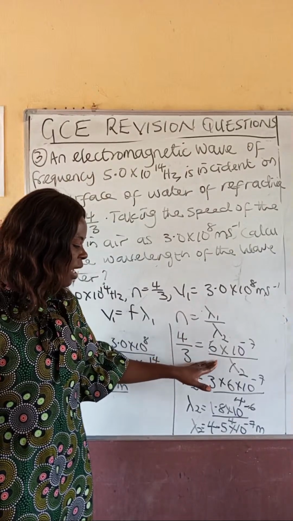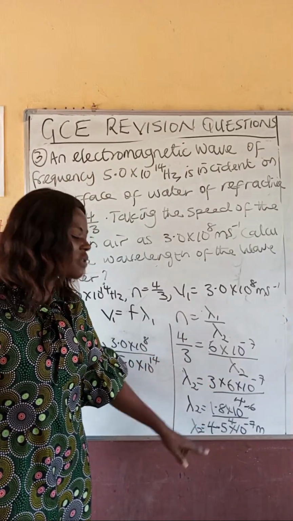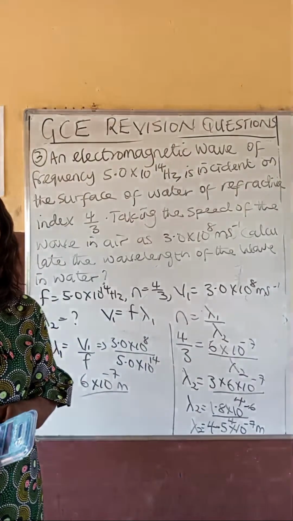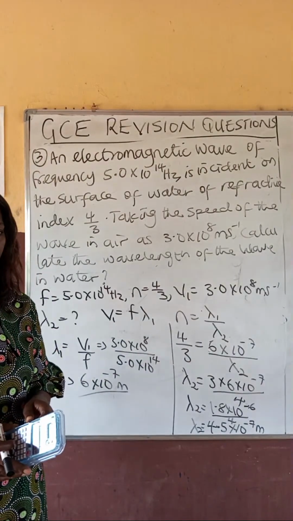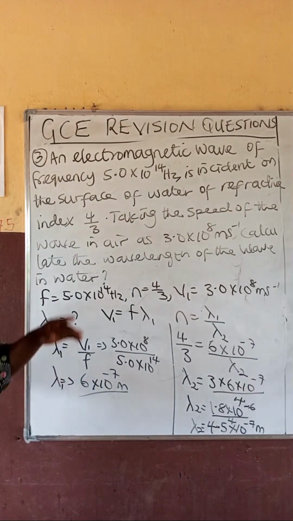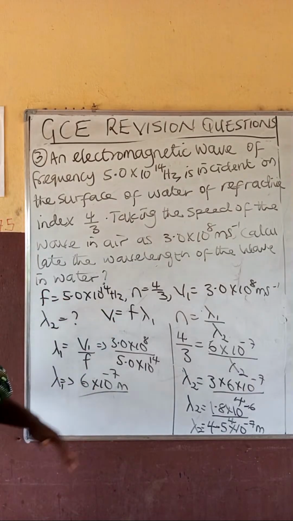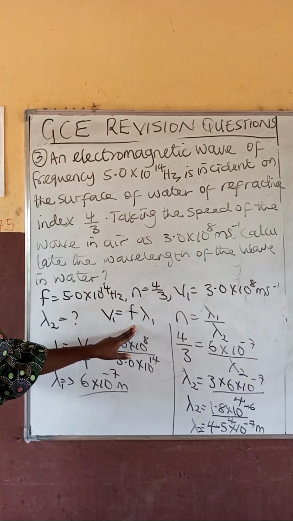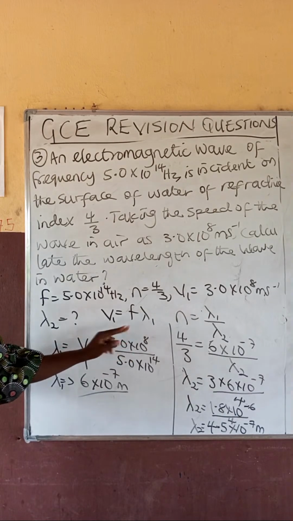Substituting into what we have, we got an answer to be 4.5 times 10 raised to power minus 7 meters. Is that clear? Now, one thing you must know is that as light moves from one medium to another, frequency remains the same. Frequency does not change. Is that clear?